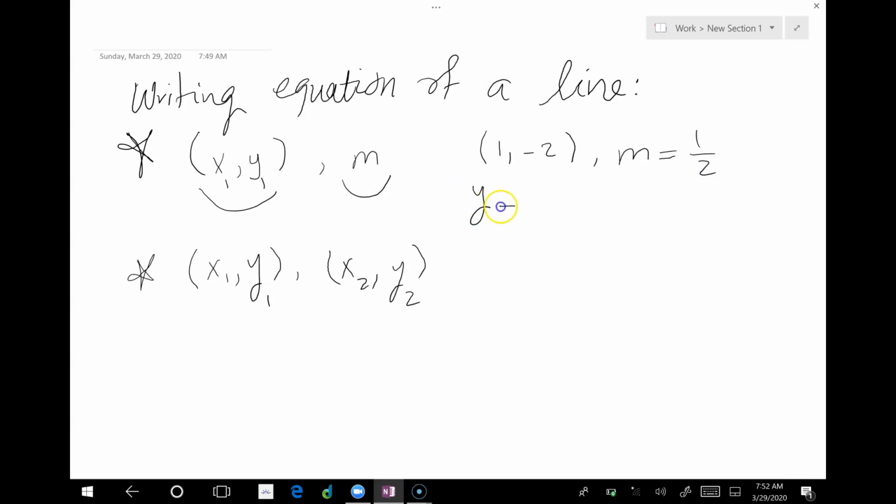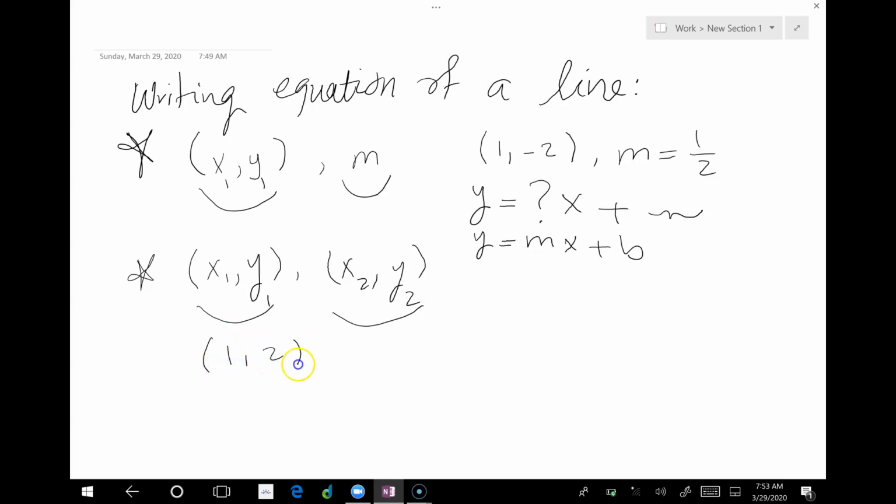Something involves y and x, and something multiplied by x and then plus something. If you remember from the past, I want the equation at the end to be in form of y equal to mx plus b.